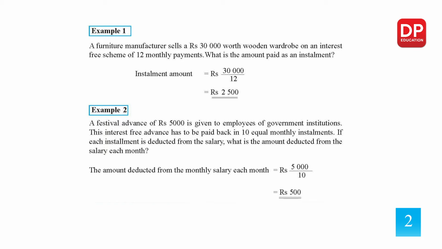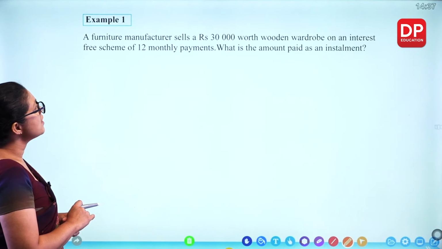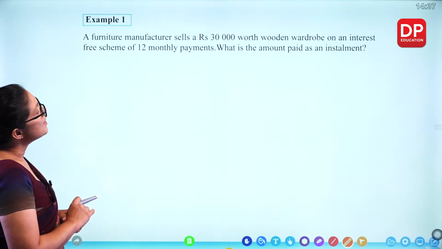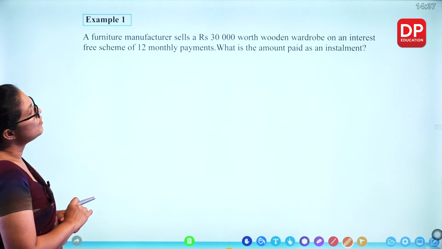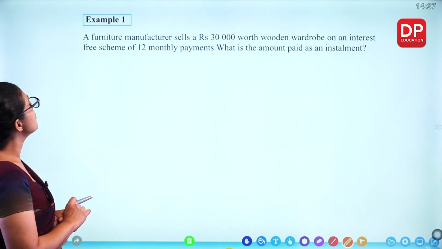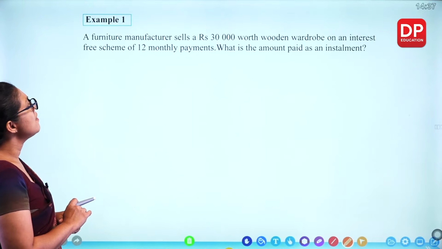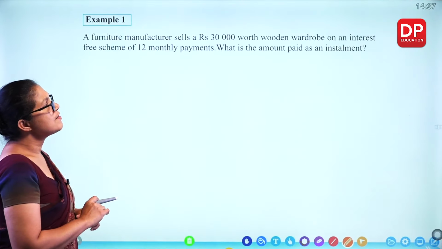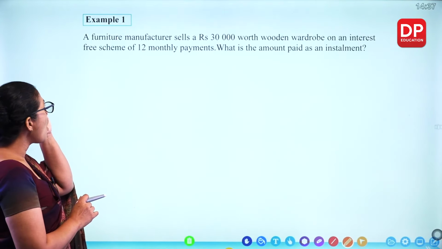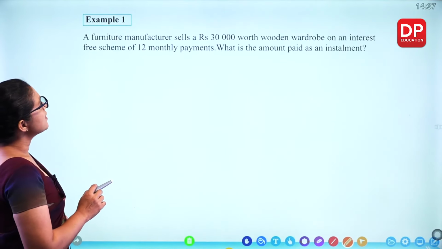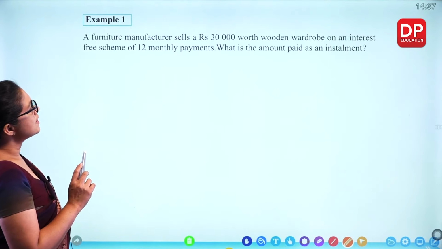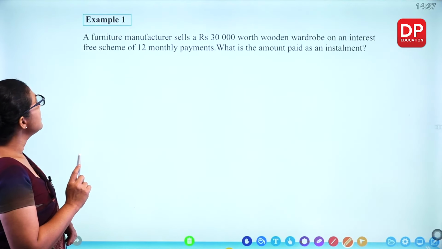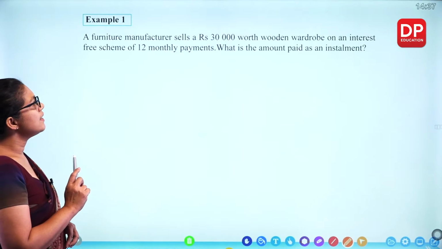Example number 1. A furniture manufacturer sells a 30,000 rupee worth wooden wardrobe on an interest-free scheme of 12 monthly payments. What is the amount paid as an installment? So this is without interest. So what's the total amount? 30,000 and for 12 monthly payments.